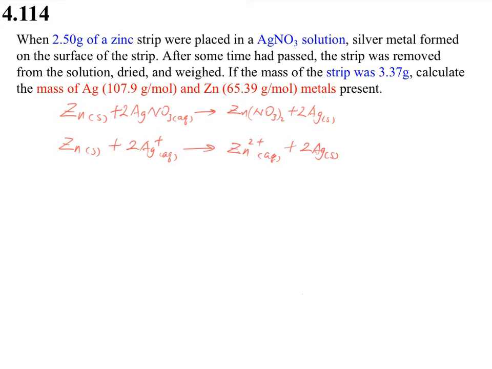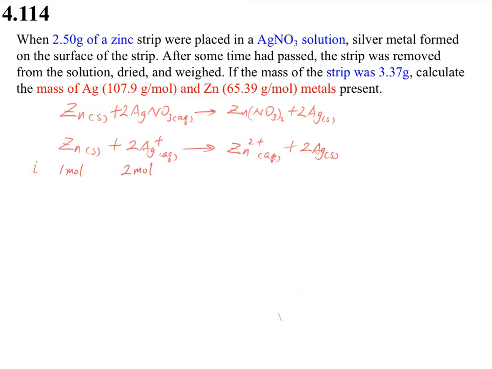The way I deal with it is I want to know, for every mole of zinc in this reaction, if we have 1 mole of zinc hypothetically, and enough silver to react with it, then for 1 mole of zinc we need 2 mole of silver plus to react.